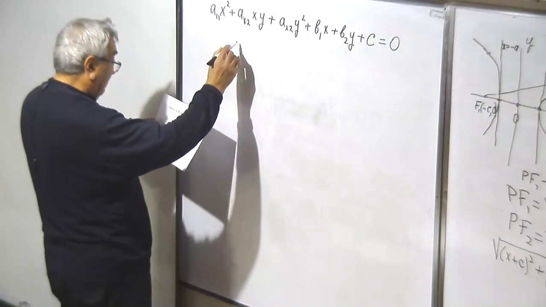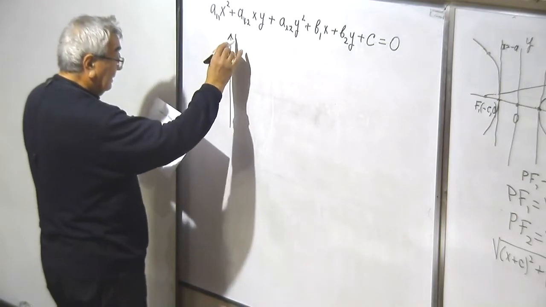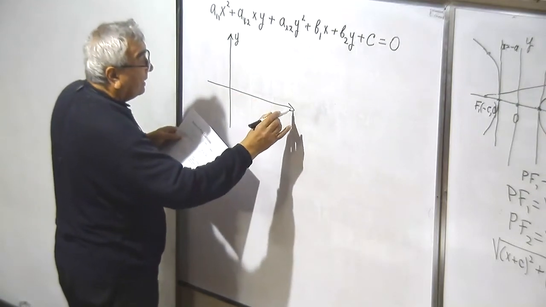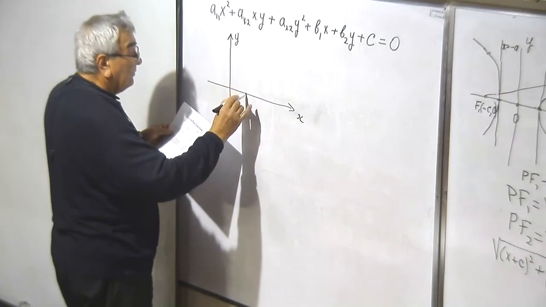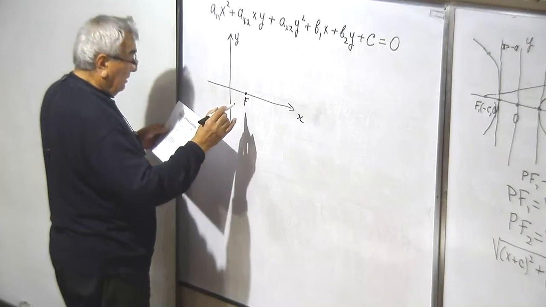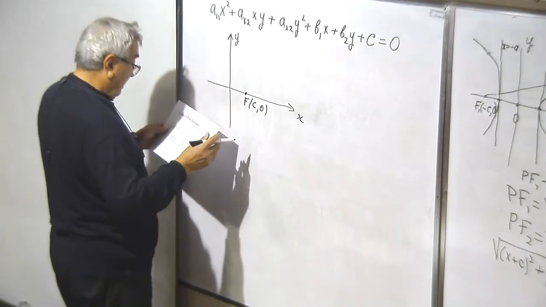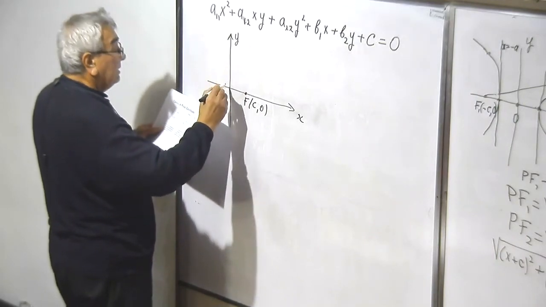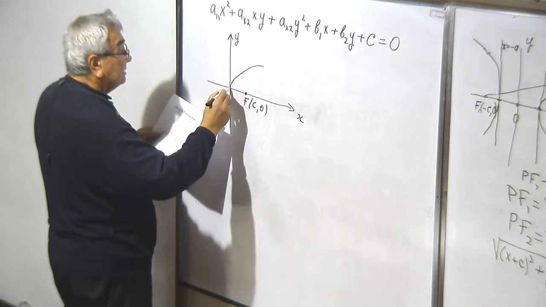Again for the parabola: here is the y-axis, here the x-axis. A parabola has one focus, at c, 0 possible to write. This curve should have the following form, like this.